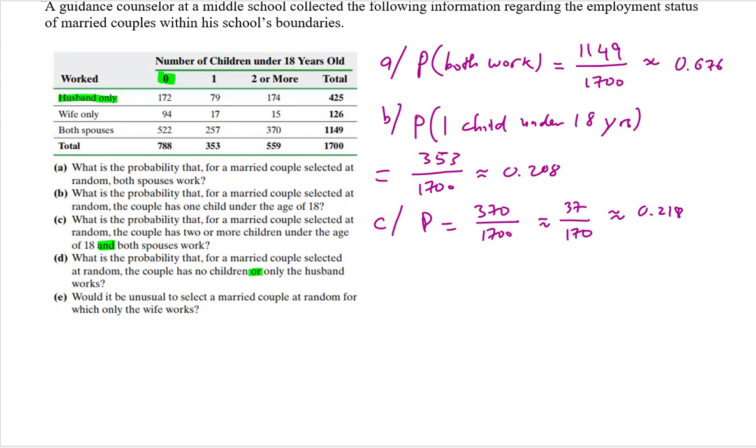So go back to the case of OR. Recall, for example, if I have P of A or B, then that's going to be equal to P of A plus P of B, and subtract P of A and B. This is the rule that we saw earlier.